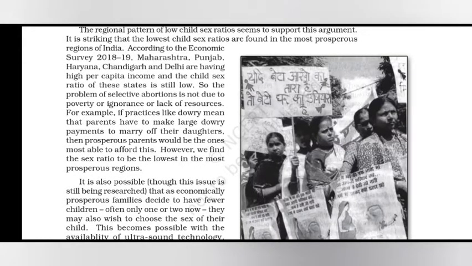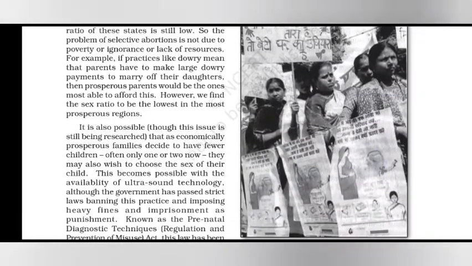According to the Economic Survey 2018-19, Maharashtra, Punjab, Haryana, Chandigarh, and Delhi have high per capita income, and the child sex ratio of these states is still low. So the problem of selective abortions is not due to poverty or ignorance or lack of resources. For example, if practices like dowry mean that parents may have to make large dowry payments to marry off their daughters, then prosperous parents would be the most able to afford this.